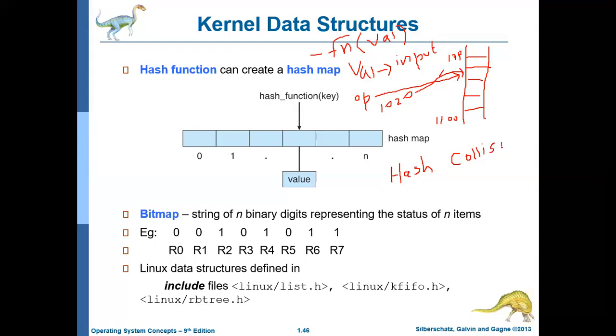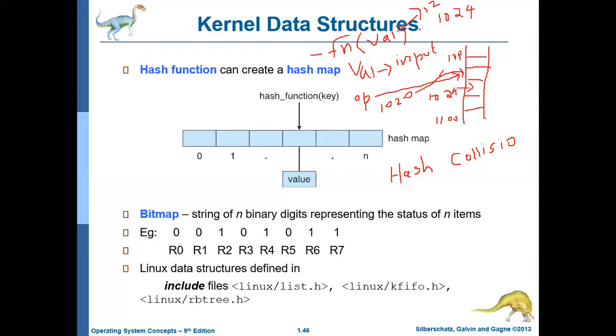For example, for this hash function I give a value, say 12, as input. When I give the value 12 as input, say it produces an output 1024. It means the operating system should go to location 1024 and execute whatever is in 1024.